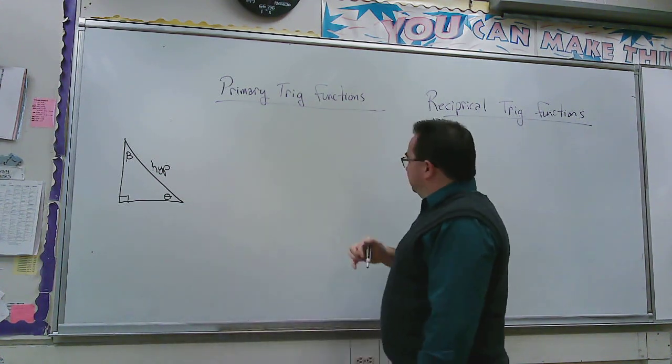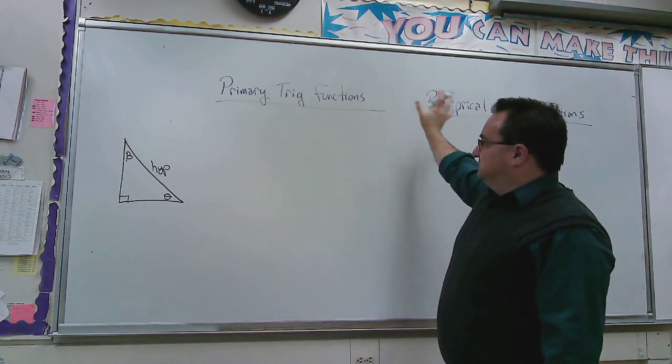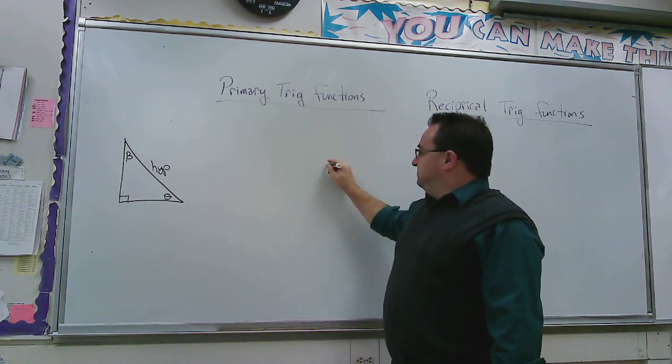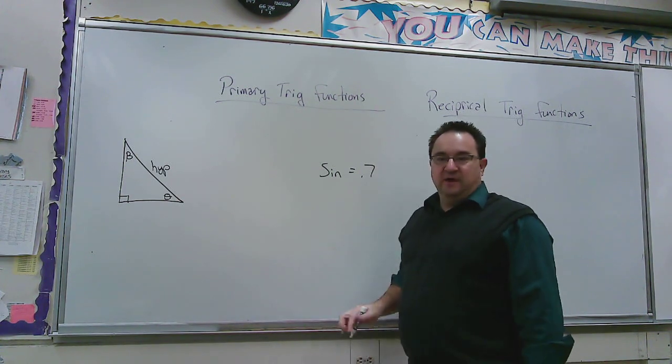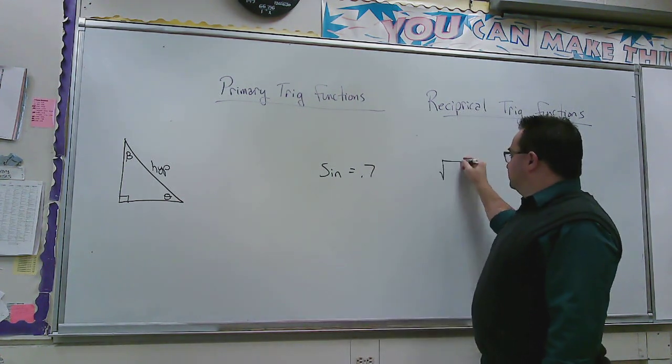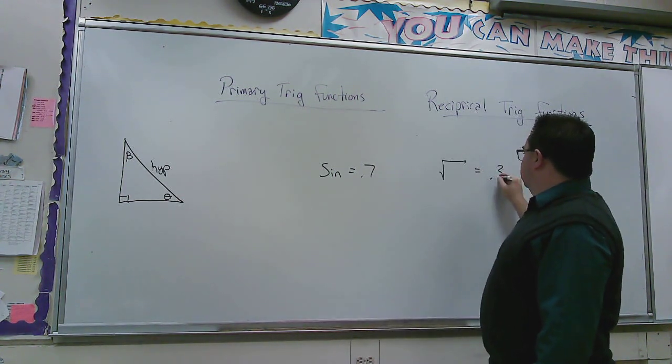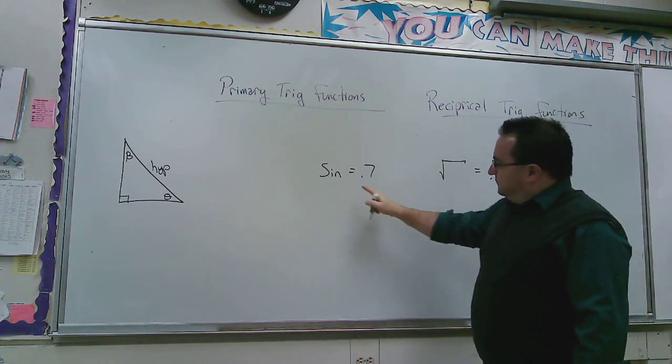I see people say stuff like this, sine equals 0.7. Well, that's about as meaningful as square root equals 0.35.